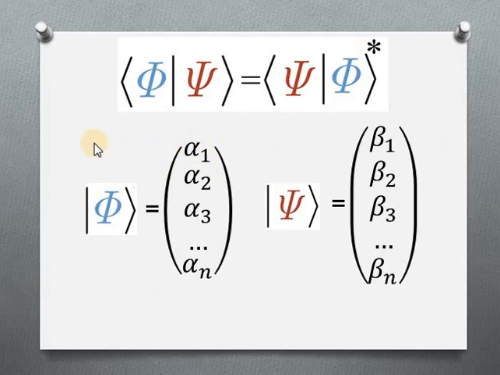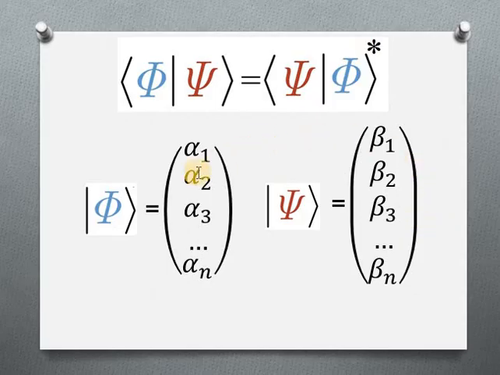Not only that, we have to take all these elements' complex conjugate counterparts. That means instead of having alpha 1, alpha 2, alpha 3, dot dot dot alpha n in the row vector, I will have alpha 1 star, alpha 2 star, alpha 3 star, and so on. And when you do the matrix multiplication, you will have alpha 1 star beta 1 plus alpha 2 star beta 2 plus alpha 3 star beta 3 and so on, right?